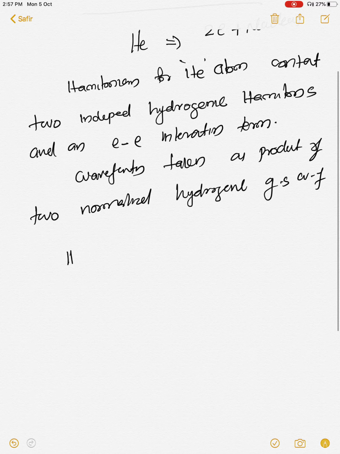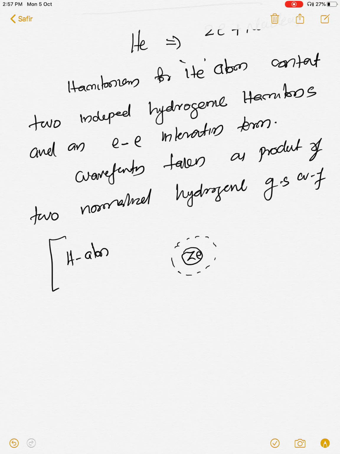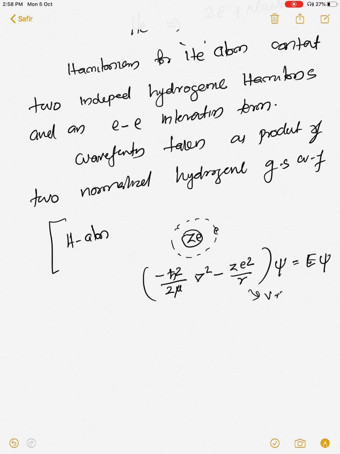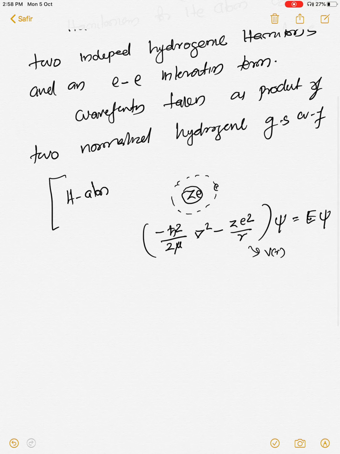First of all, I will explain what the hydrogen atom is, for your reference. There is a nucleus, and an electron. So what is the Hamiltonian for the hydrogen atom? Minus h-bar square by 2m del square minus Z e square by r. Z e square by r we call the potential. This is the hydrogen atom.